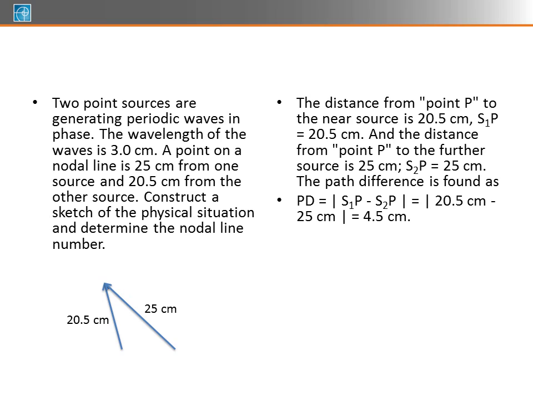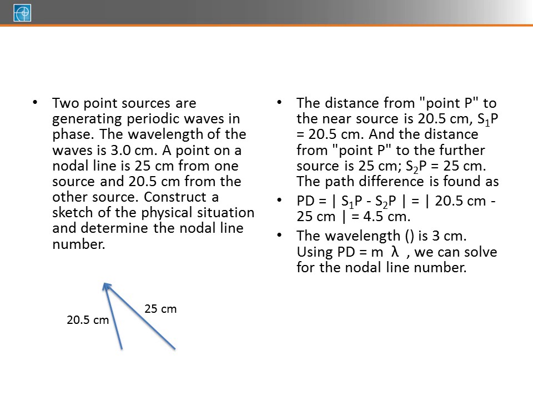That 4.5 centimeters path length difference has to be equal to m times the wavelength. If my wavelength is 3 centimeters, I figure out what m is, and I see that m is equal to 1.5.